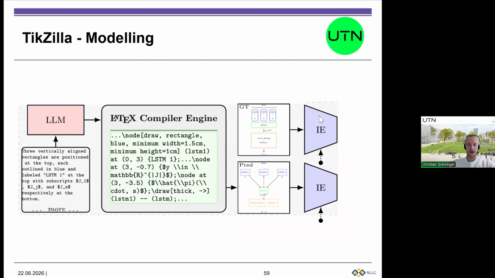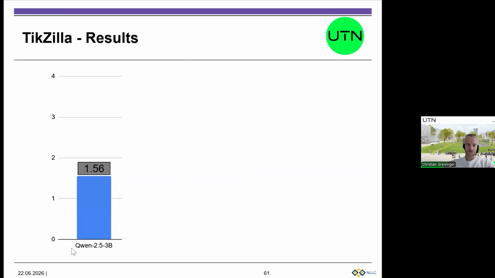We compare both with an image encoder, which is not a general image encoder, but one that has been trained before on our domain-specific data so that it can generate very good representations of scientific figures to calculate more faithful rewards. Then we use these rewards to optimize our large language model so that its output aligns more closely with the ground truth figures.